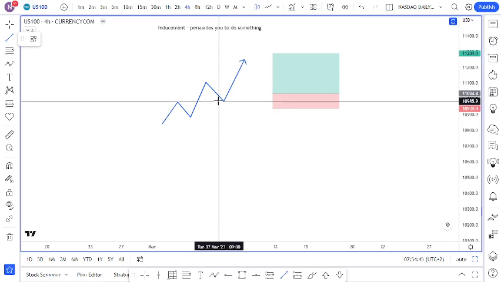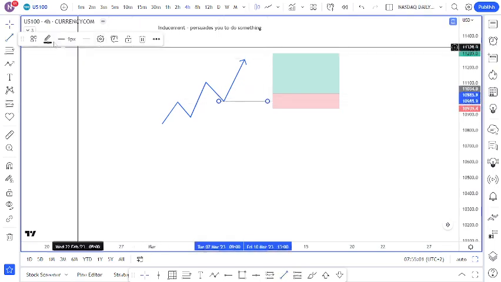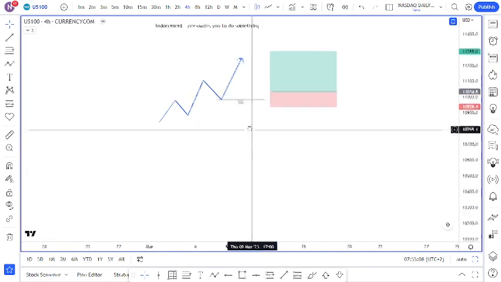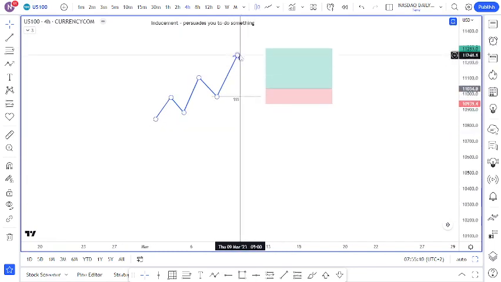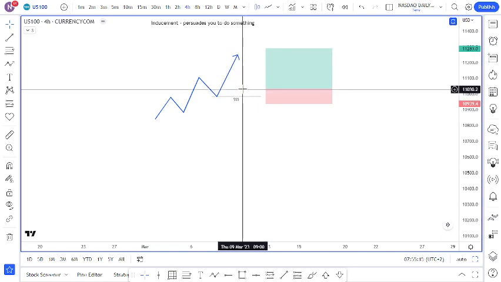Wherever you are buying or selling from, you're trying to identify a level that you believe is going to be respected, and that's why you base your trade there, and that's why you place your stop loss. So this level we can identify as the inducement, right?